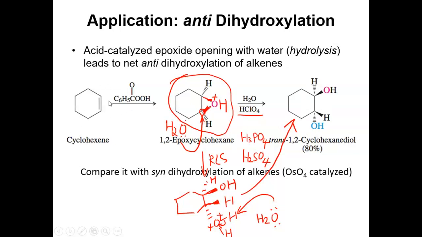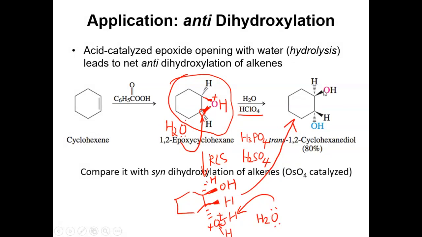If you consider that the epoxide can be prepared from an alkene, this two-step process can be called anti-dihydroxylation. Basically, I install two hydroxy groups on the original CC double bond, anti to each other.